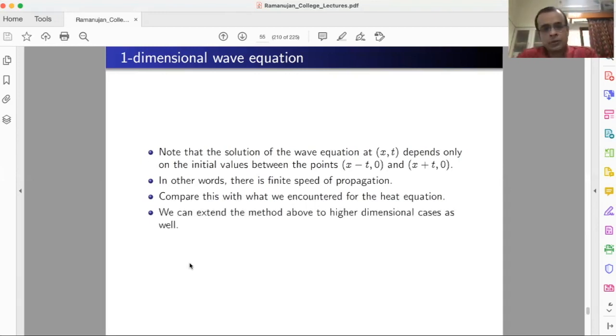Okay, so now what I want to do is extend the method that we encountered. The one-dimensional case is special, of course, but the solution to the high-dimensional case also follows from the analysis of the one-dimensional case. It's going to be slightly more complicated, but nevertheless, I want to motivate how this comes about in the high-dimensional case.